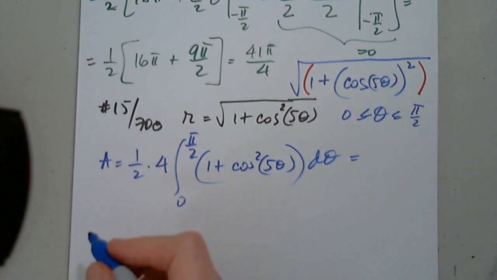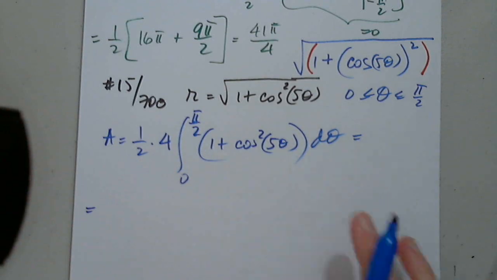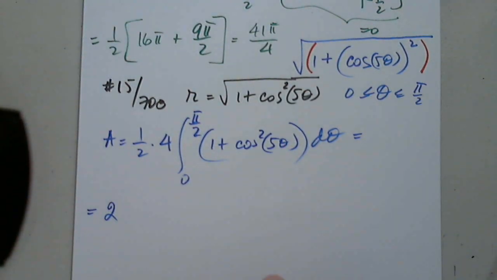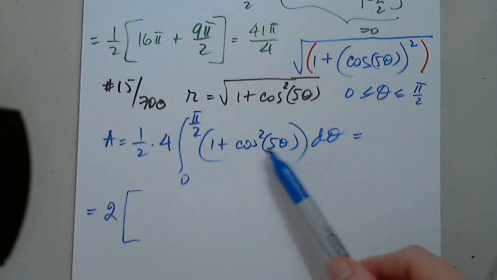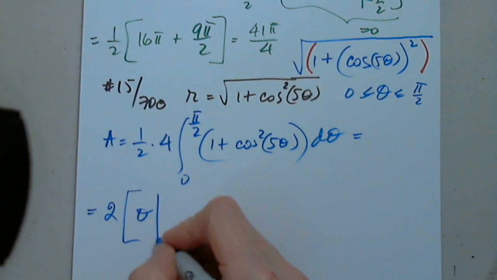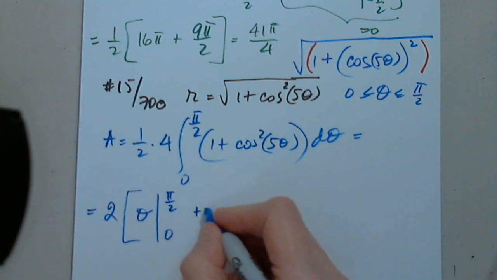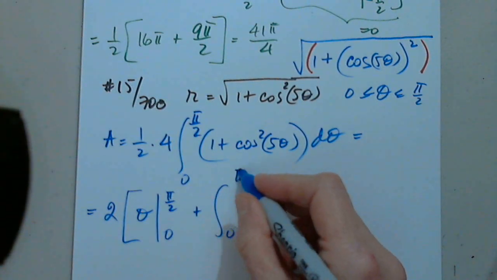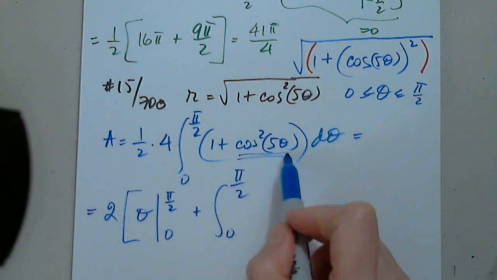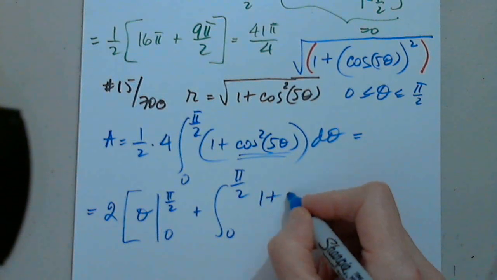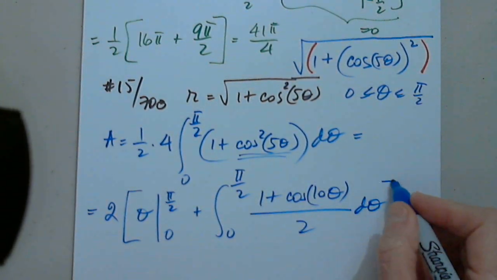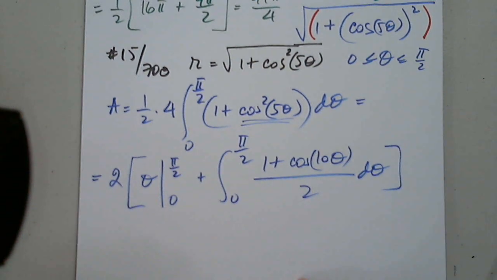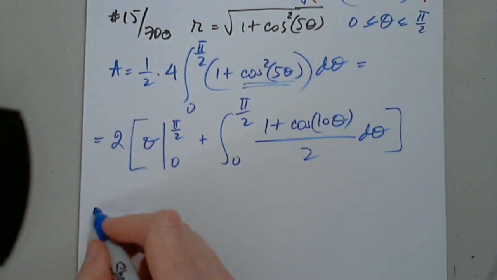Okay, so I have in front actually a 2. Then I have the integral of 1, which is theta, from 0 to pi over 2, plus the integral from 0 to pi over 2, if you remember, I have to change this into 1 plus cosine 10 theta divided by 2 d theta. And let's see what we get.